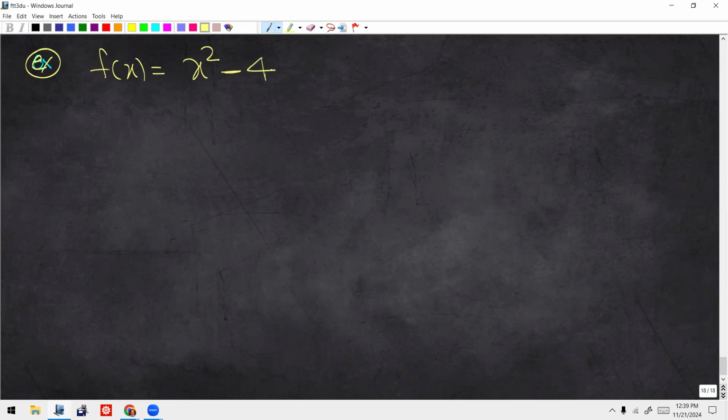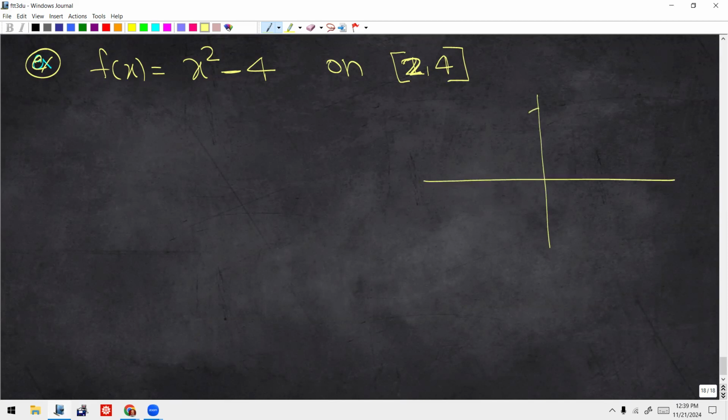Minus 4, okay, on the interval, let's do 2 to 4. Okay. Let me graph this to show you what's going to happen. Is that okay? So let's graph this. So this function looks like this. This is 4, this is 2, this is minus 2, this is minus 4. I want to find this area between 2 and 4.